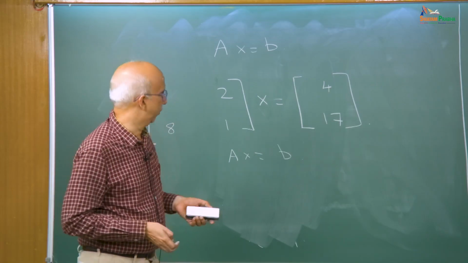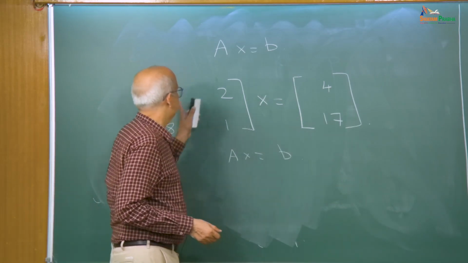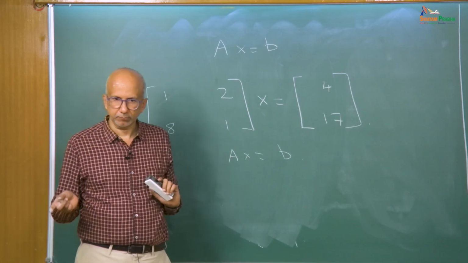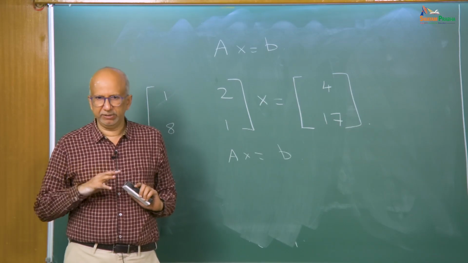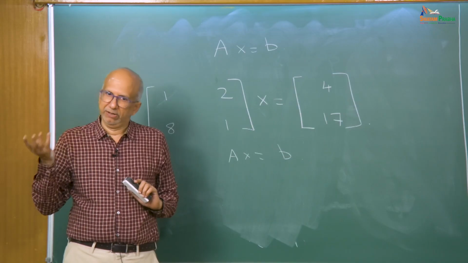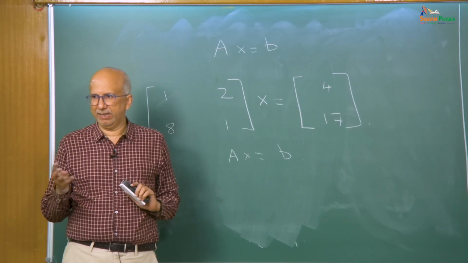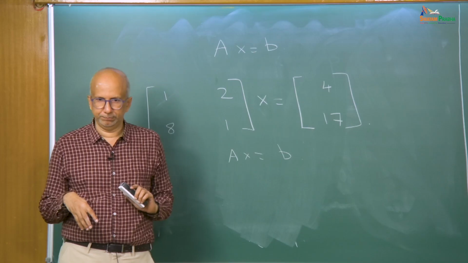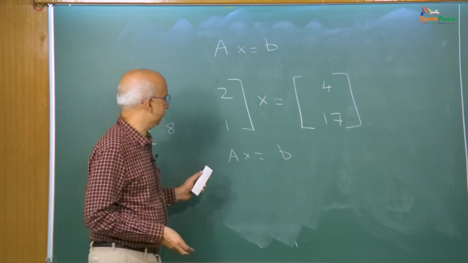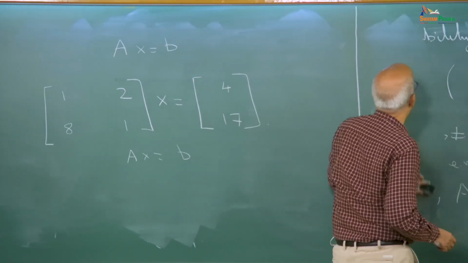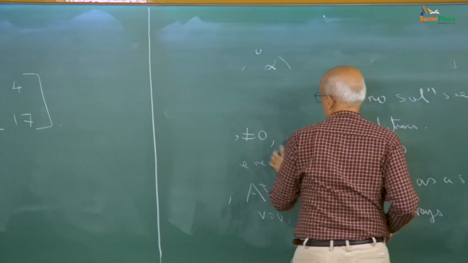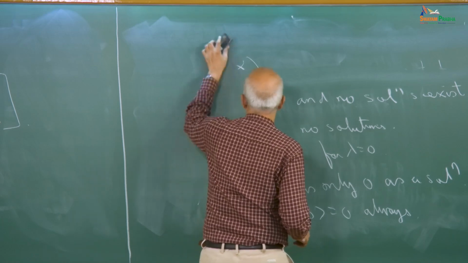Because it is not symmetric, I have to find the eigenvalues, and eigenvalues are the same, eigenvectors for both A and A transpose. If it is symmetric, eigenvectors of A and A transpose are the same. So, let us find the eigenvalues and the eigenvectors, and let us do A first.